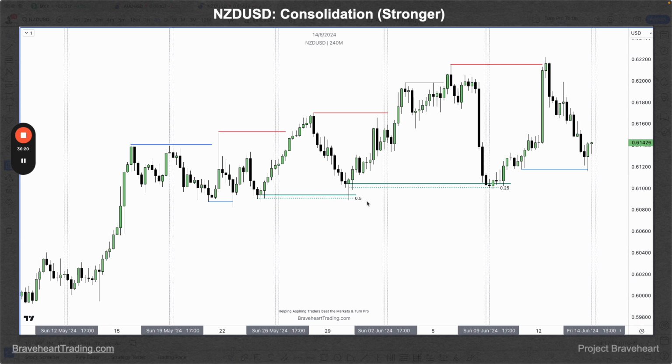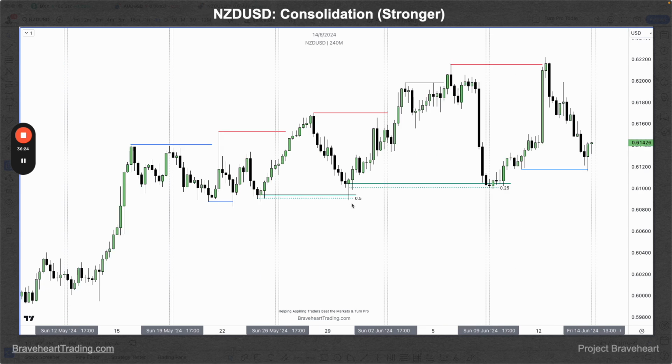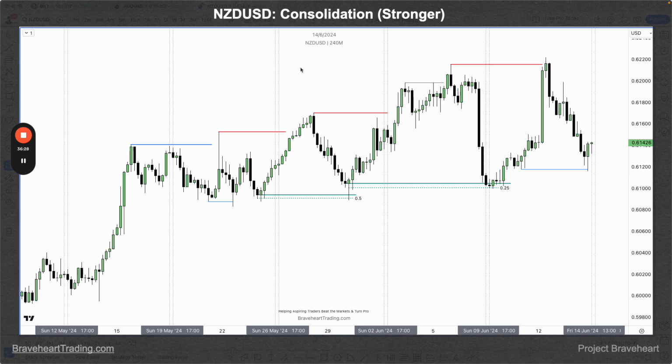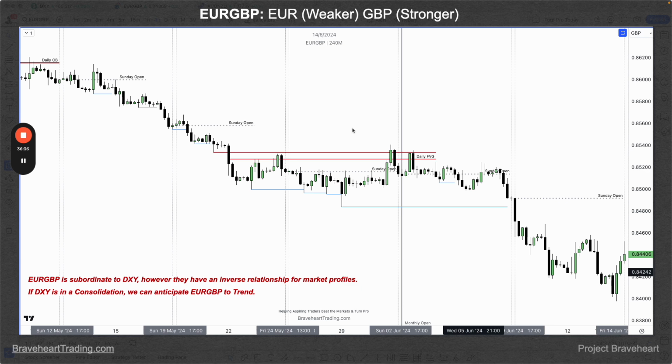Okay, so just be mindful of that. And now we can see this is stronger than this one. Okay, because this can run its highs whilst the dollar is consolidating as well, and this can't. So now we can start to match the pairs, and this is just intermarket analysis.